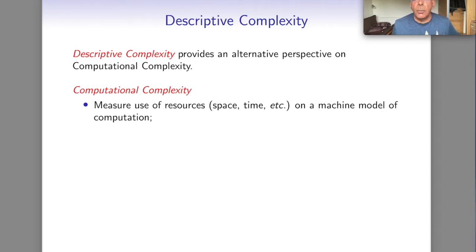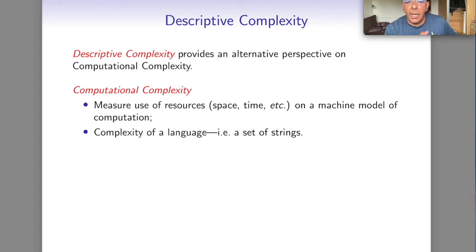So time is the number of steps taken by a Turing machine, space might be the number of memory cells used, and so on. And we define the complexity of a language. I alluded to this already. So complexity is defined as the complexity of deciding a set of strings. That's what's input to the machine.